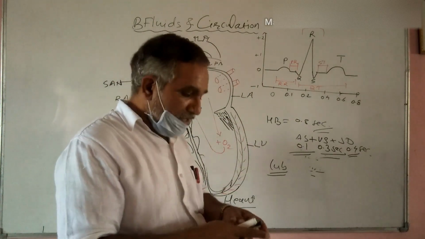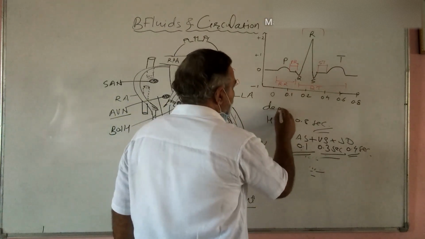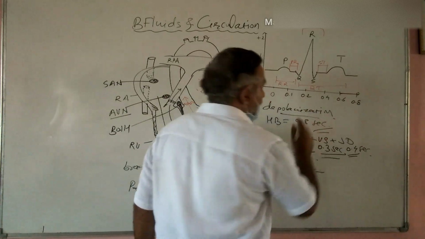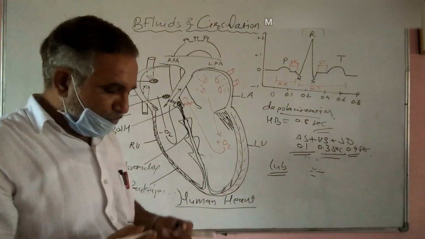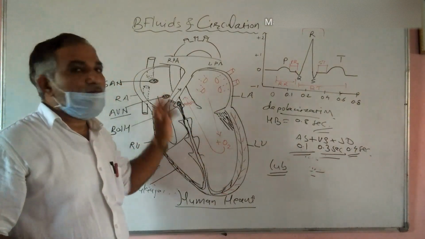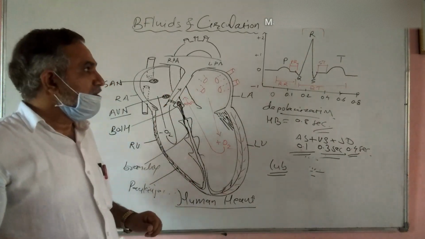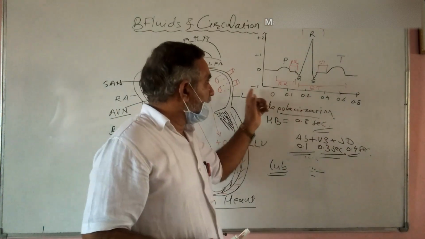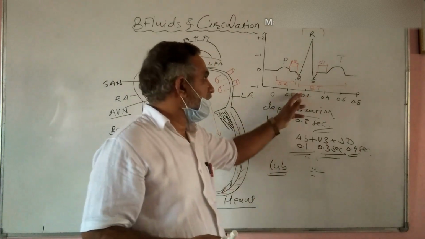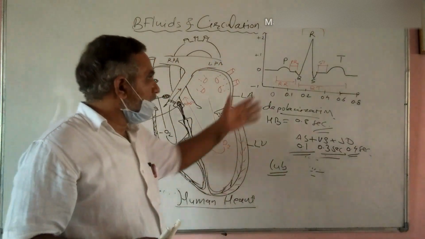It means each depolarization is followed by repolarization. Atrial systole means atrial depolarization. After atrial depolarization, atrial repolarization, that is atrial relaxation, also takes place at the time of joint diastole.